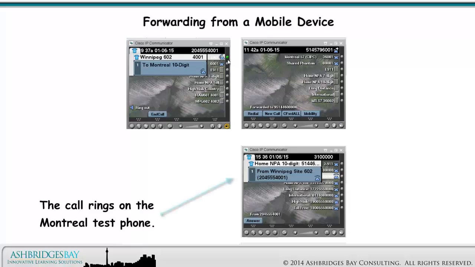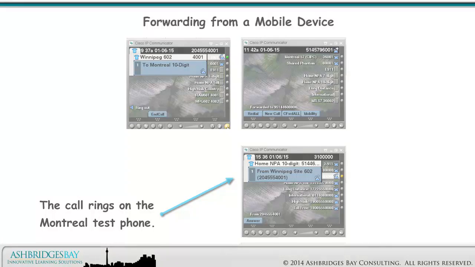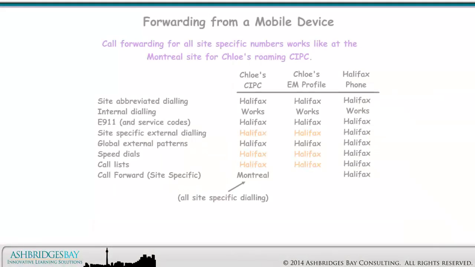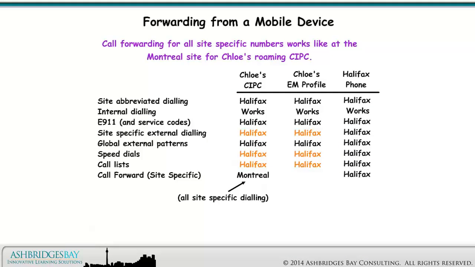The call rings on the Montreal test phone. Call forwarding for all site-specific numbers works like at the Montreal site for Chloe's roaming CIPC.